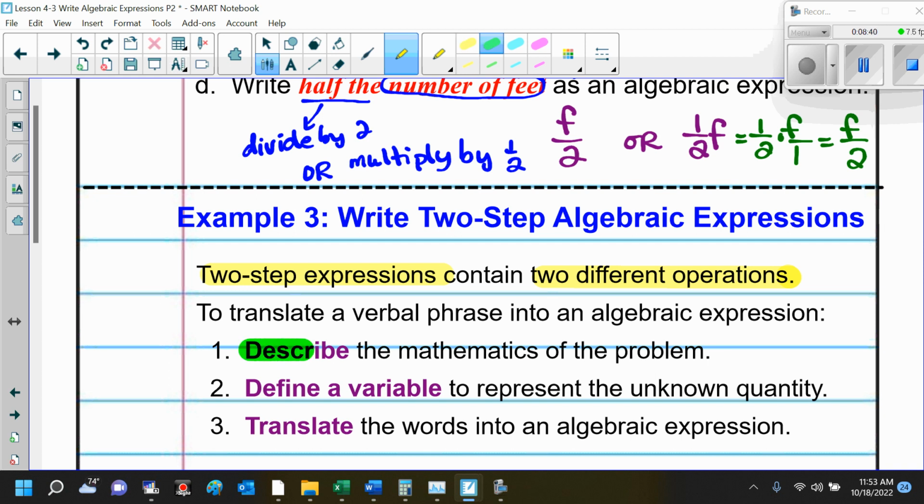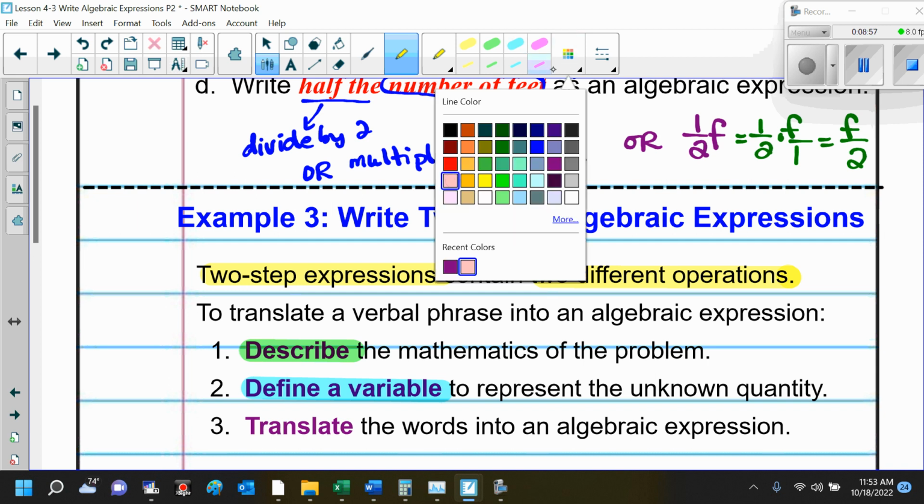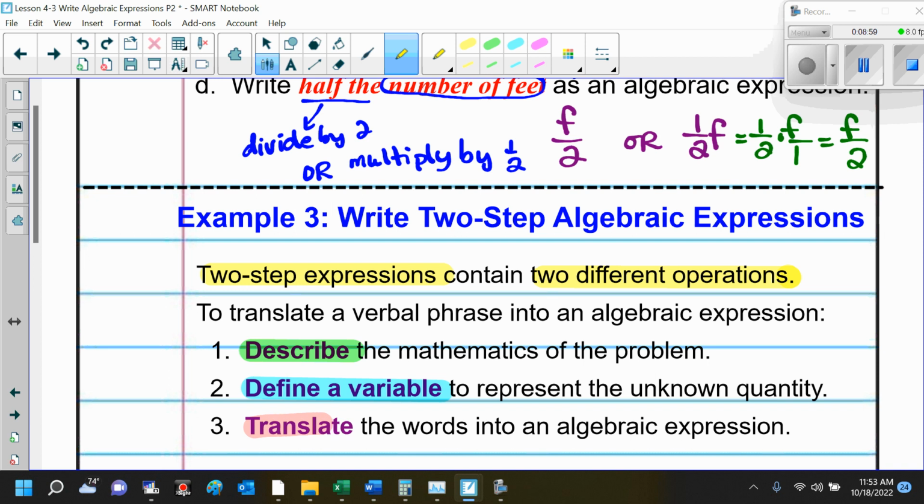First step is to describe the mathematics of the problem. Tell what happens in words. The second step is to define a variable. What is the unknown? And then the third step is to translate the words into an algebraic expression.